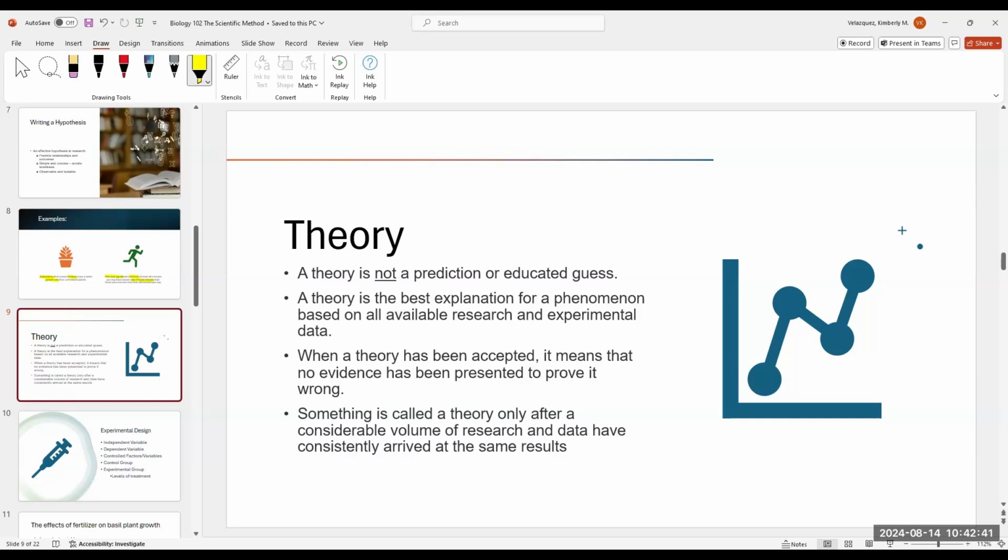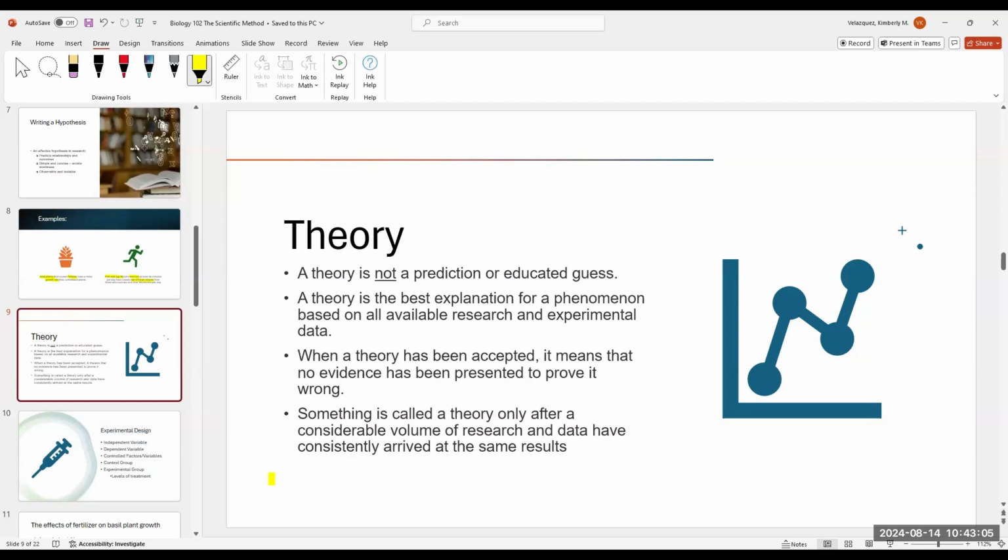That's really a misuse of that term. What we're really saying is I have a hypothesis about why my car isn't starting this morning. A theory is not a prediction. In science, a theory is something that has been tested over and over and over again, and the same results have been obtained.